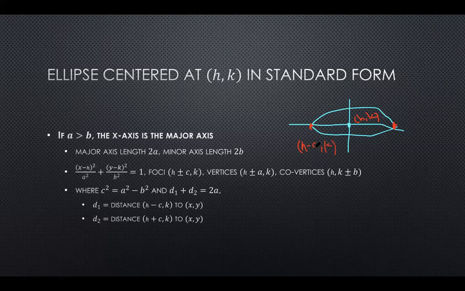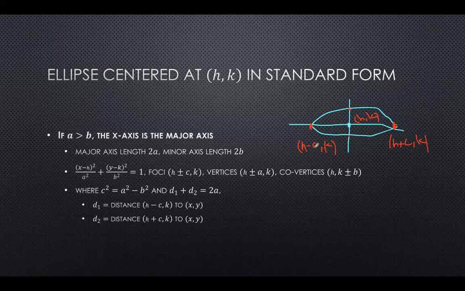So it becomes (h minus a, k) and (h plus a, k). Same thing for the co-vertices on the minor axis.